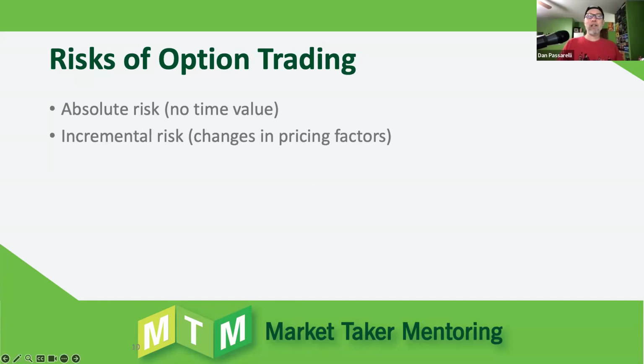Incremental risk is between now and expiration. If a couple days pass, how much do I make in time decay? Well, we measure that with theta, don't we? If the stock goes up 77 cents, how much do I make? Well, we measure that in delta, don't we? If implied volatility falls by 2 points, how much do I make or lose? Well, we measure that with vega. We're talking about the Greeks here.